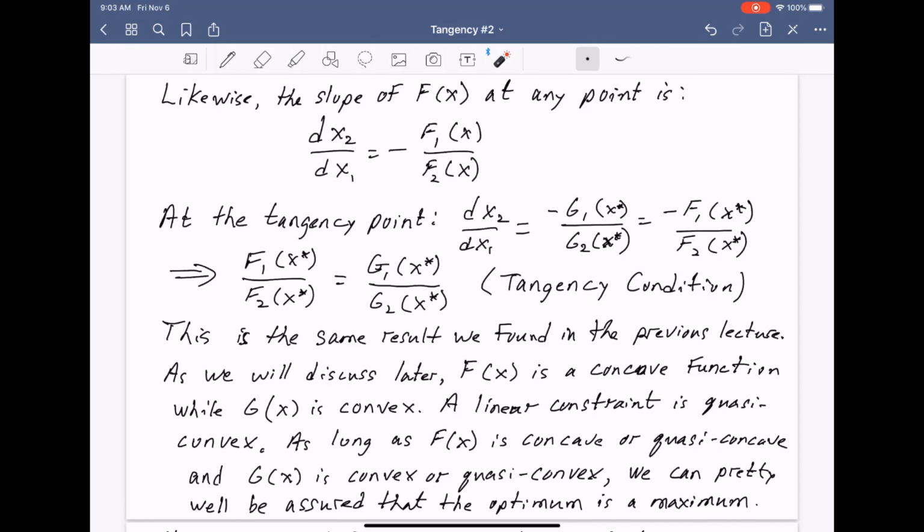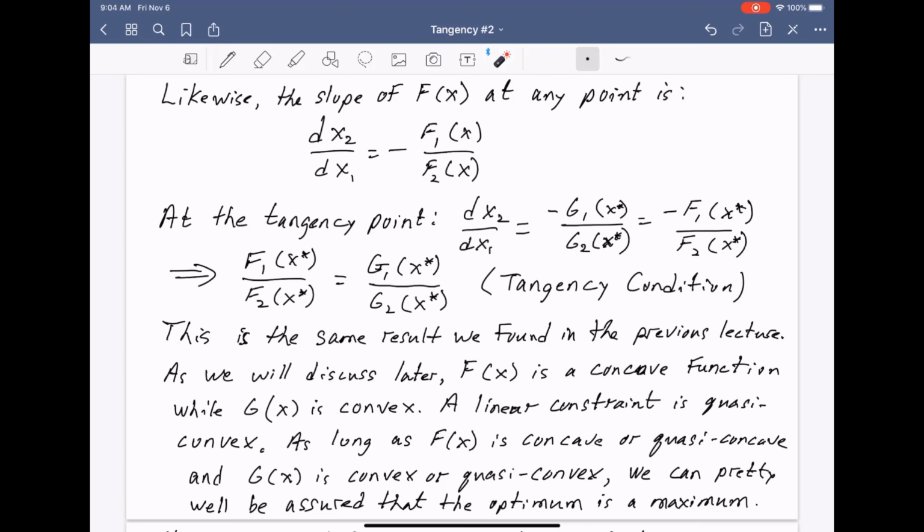The negatives fall out, and we get this tangency condition right here. This is the same result we'd found in the previous lecture, and as we will discuss later, the objective function has to be concave, while the constraint has to be convex.